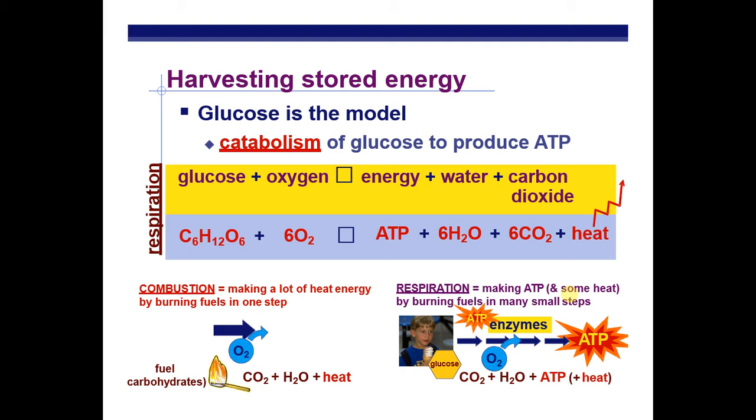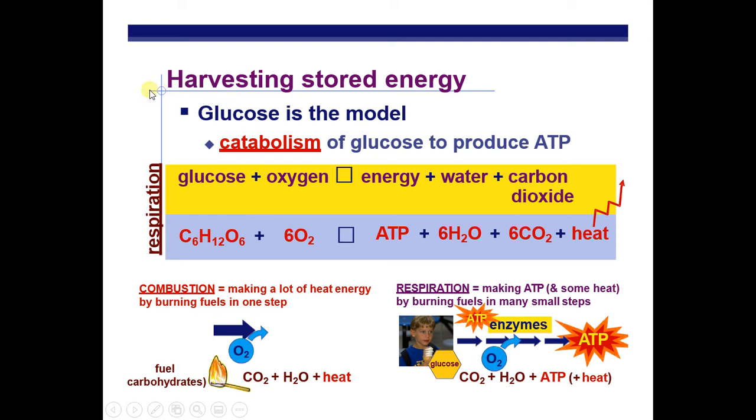But there are some additional pathways for those, and unless you take a more advanced biochemistry class, we're just going to focus on glucose, because it gives you the gist of what's happening without convoluting it with a lot of details.